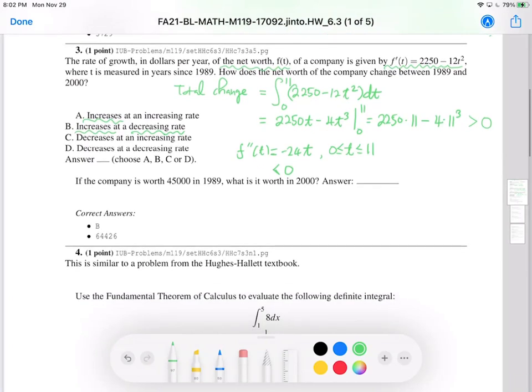And if the company is worth 45,000 in 1989, what is it worth in 2000? So the net worth in 2000 is f of 2000.